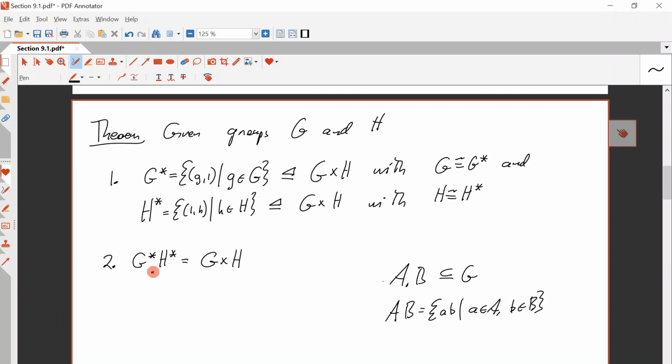Now, certainly this is the case here. The product of G star and H star gives you all of G cross H, because (g, 1) times (1, h) is equal to just (g, h). So that's certainly the case.